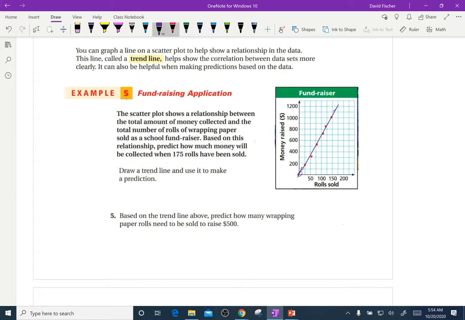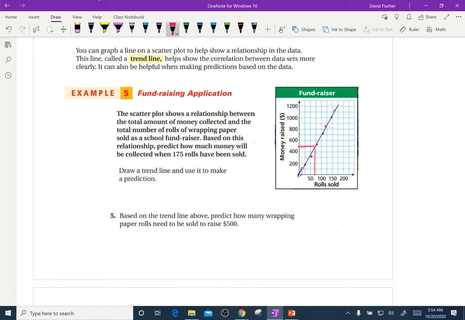And so based on our trend line, we want to predict how many wrapping paper rolls you need to sell to raise $500. So our money's over here, so 500 is right here. So if we go over and again go to your trend line, don't go to the dots. We want to go to the trend line that I have, which is right there, and then we come down and figure out our x-axis.